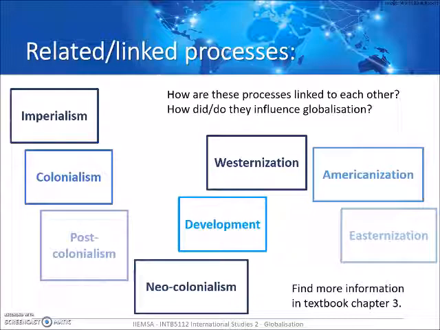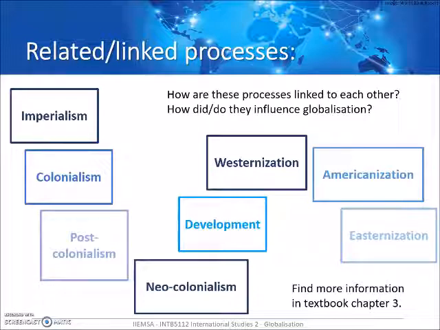We have what we call neocolonialism, which is usually the ongoing, more hidden economic influence, or still a type of colonialism. Also the still ongoing military presence of ex-colonial powers. For example, France still has a lot of military bases in many African countries. So these are all processes that are linked to globalization and that have in one way or another influenced it, or still do.